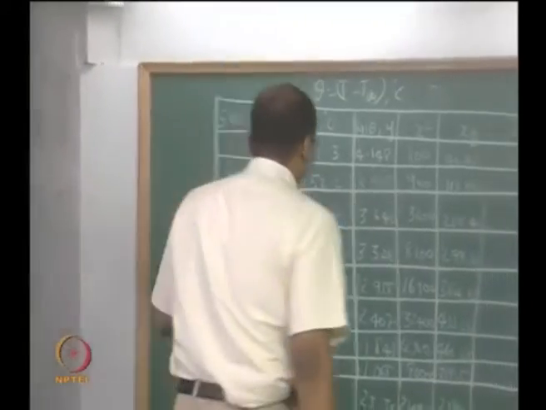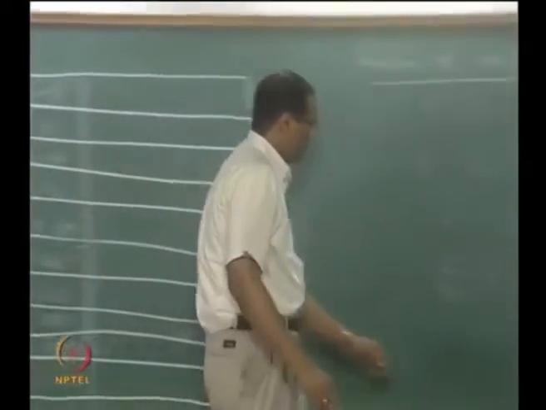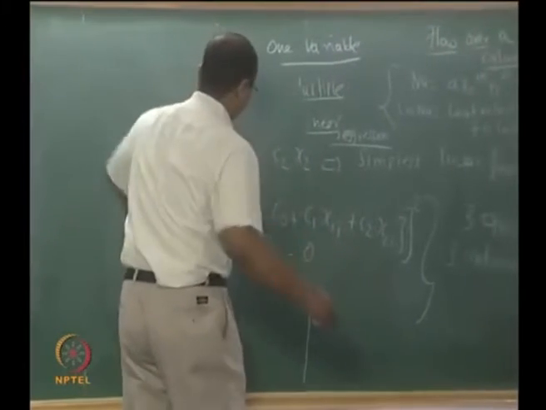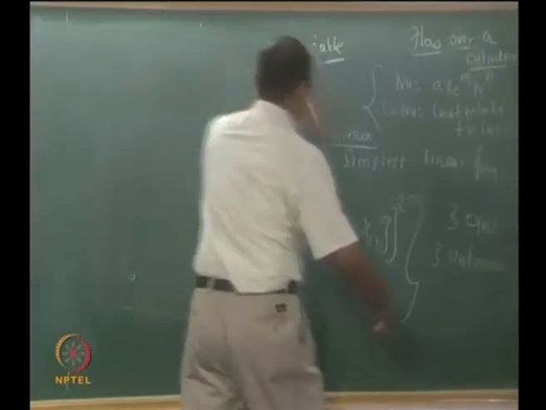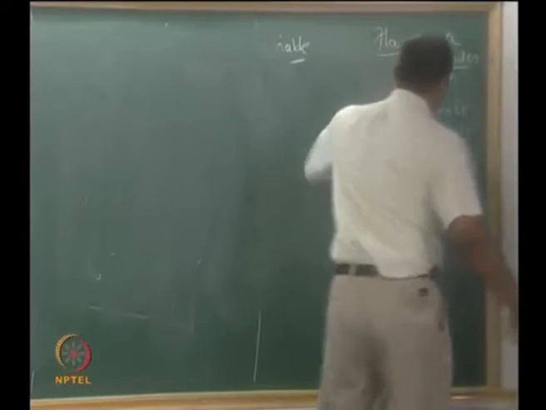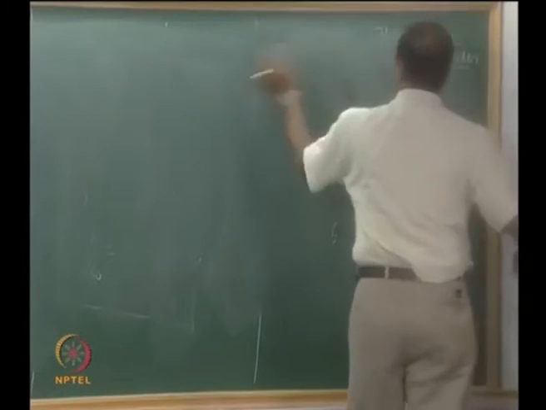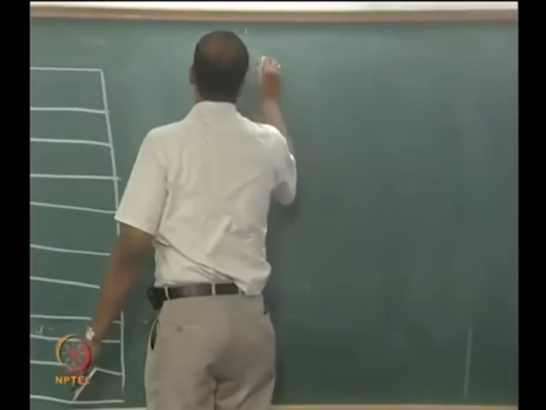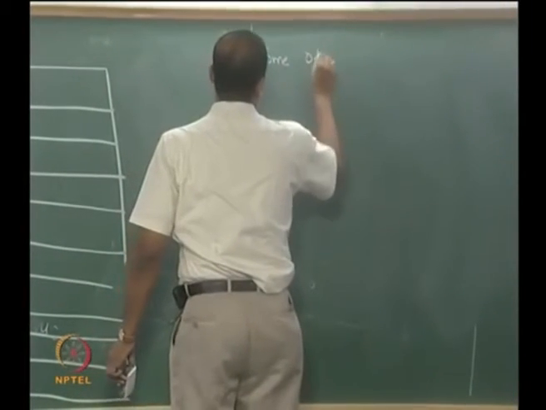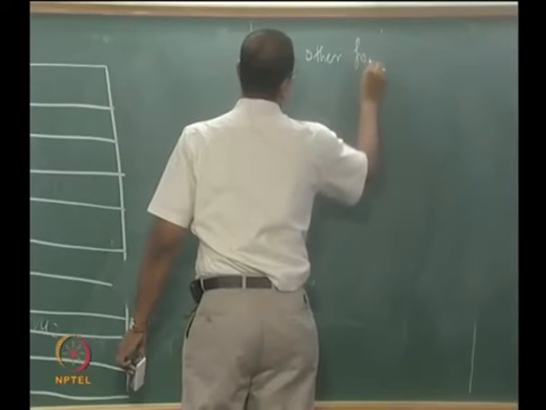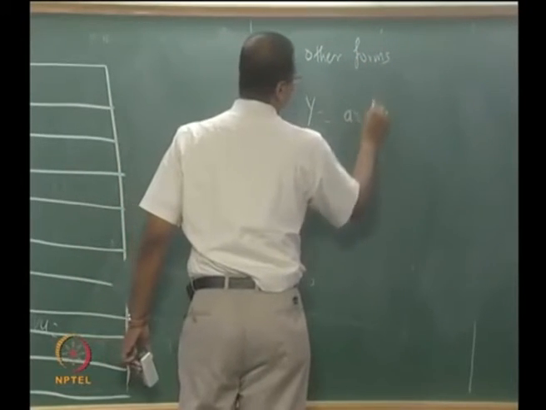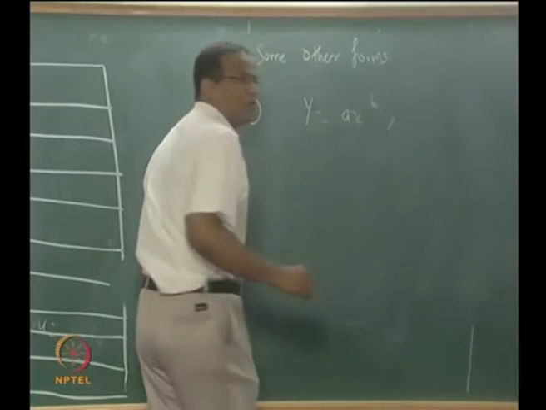Alright, now what are the other forms which can be reduced? Y is equal to a x to the power of b. What is our proposal?